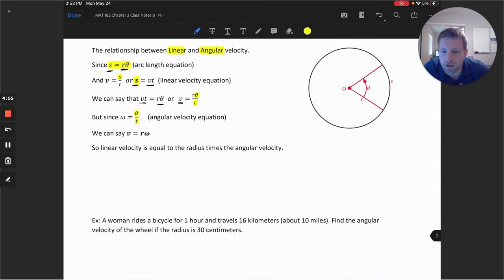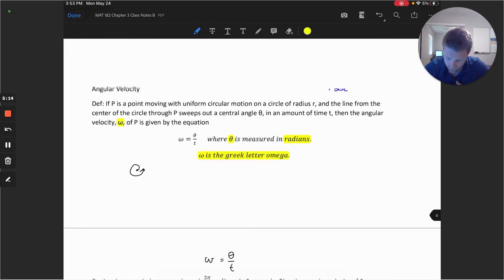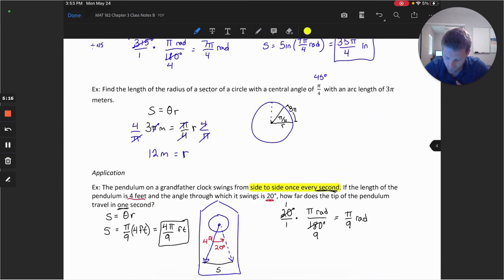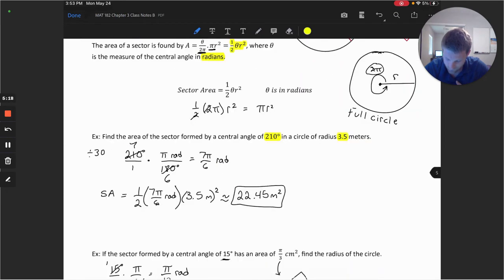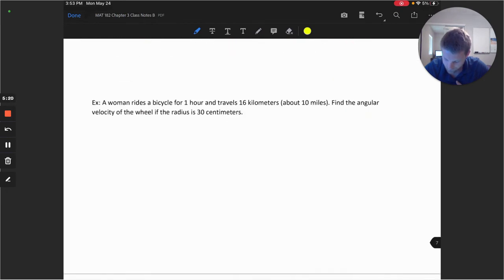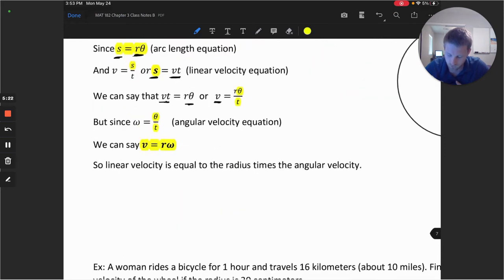So the linear velocity and the angular velocity can be connected with this same formula, where theta divided by t is omega, and so the linear velocity is equal to the radius times the angular velocity.